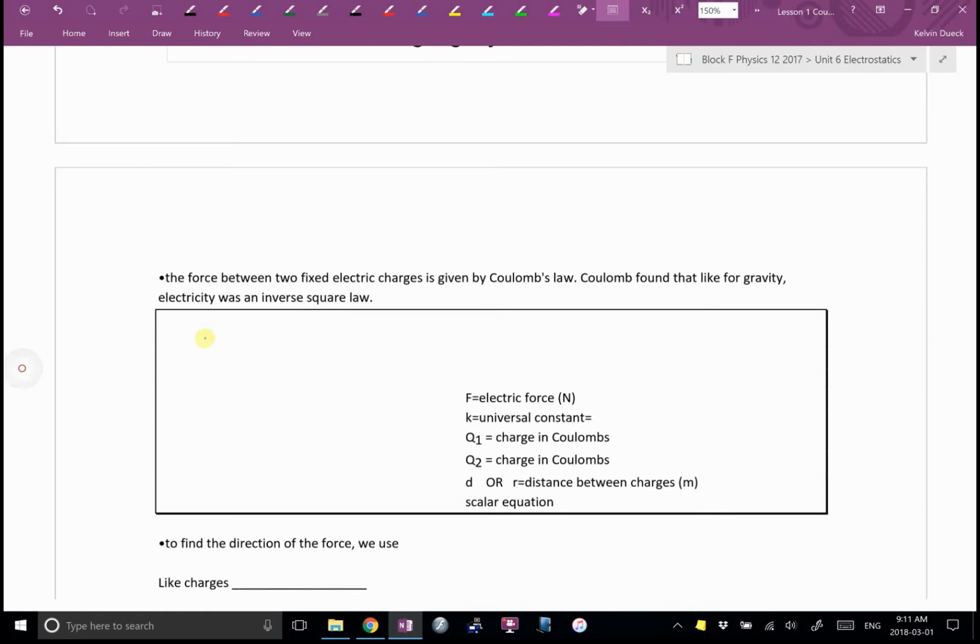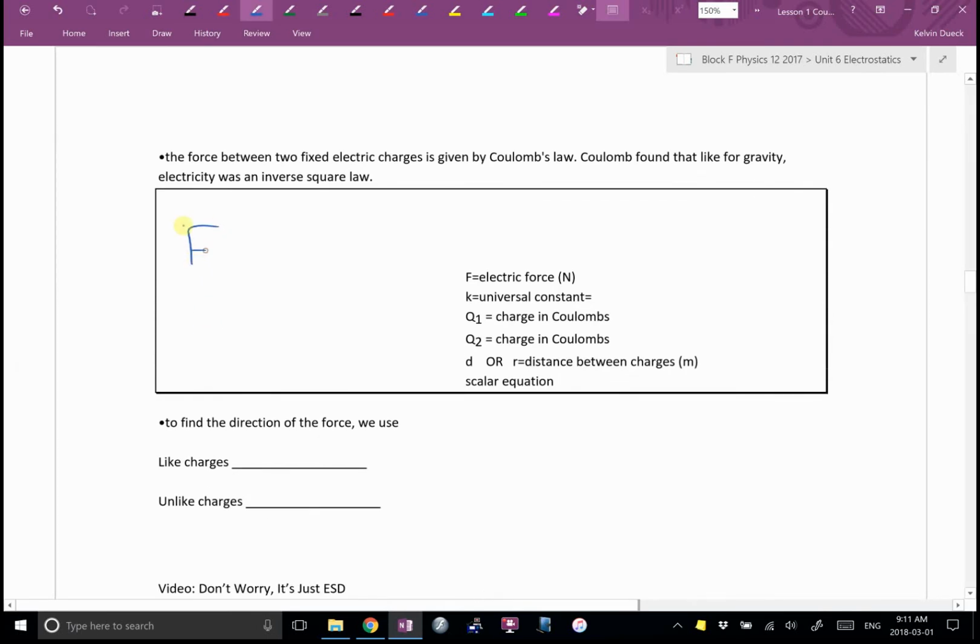So we're going to use a capital F for force, lowercase e for electric, lowercase g for gravitational, lowercase another letter for magnetic, not M sadly, and it's calculated by lowercase k q1 q2 over r squared.